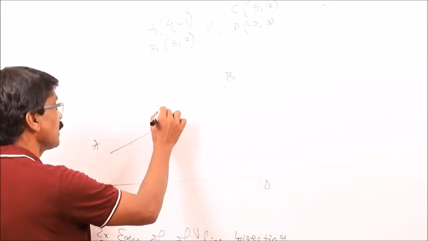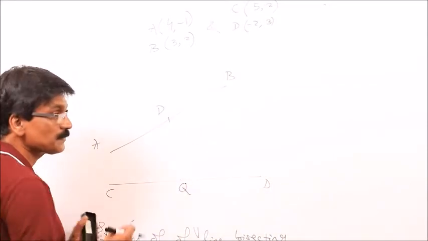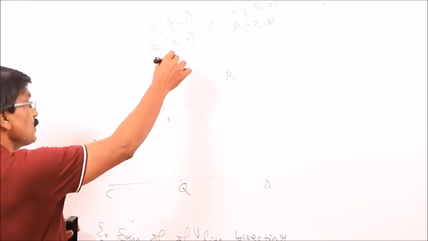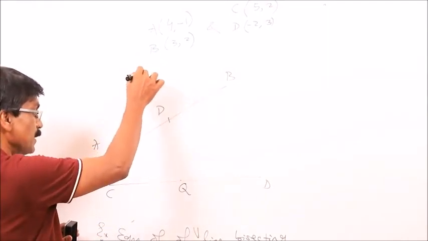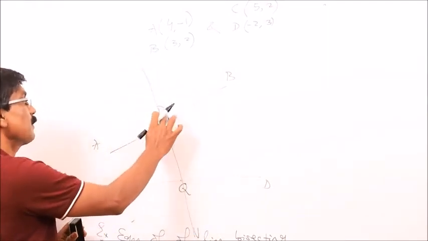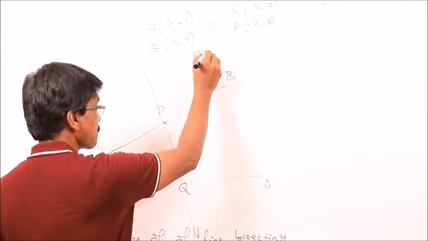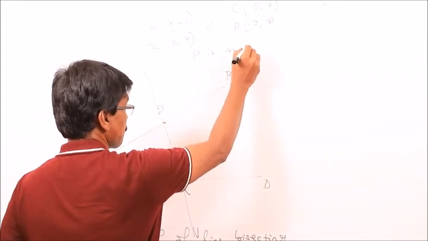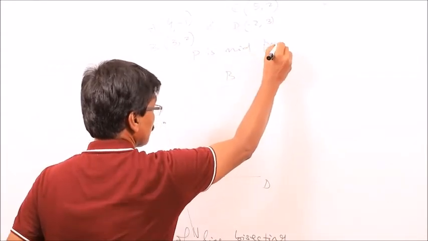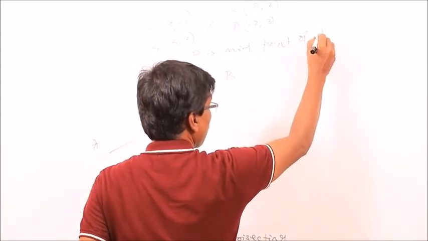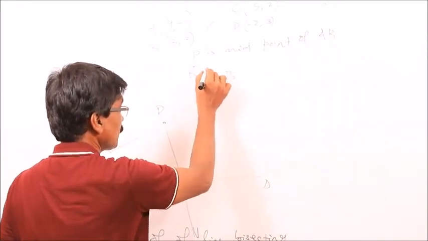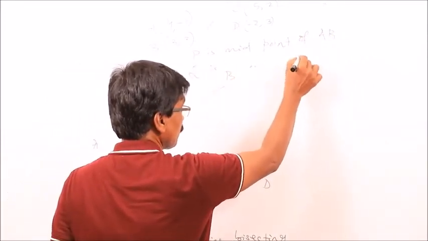So P and Q are its midpoints. So line through these 2 points P and Q can be found by, first P is midpoint of AB and Q is midpoint of CD.